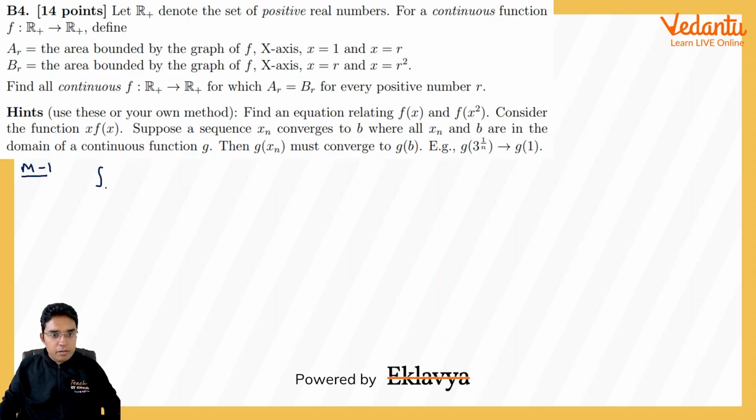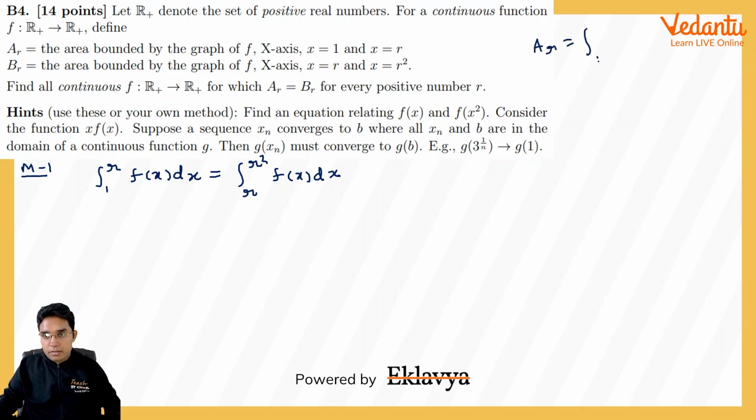We are given that the integral from 1 to r of f(x) dx is equal to r times the integral from r to r² of f(x) dx. Dear all, let me tell you, this integration will denote area only if r is greater than 1. Otherwise, if r is less than 1, please listen carefully, A(r) is equal to the integral from r to 1 of f(x) dx, because area has to be positive. This will be if r is greater than 1.